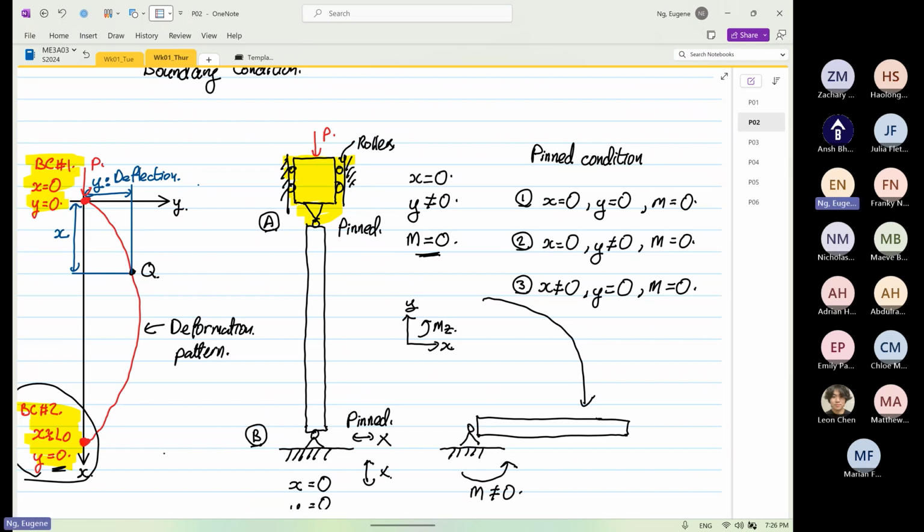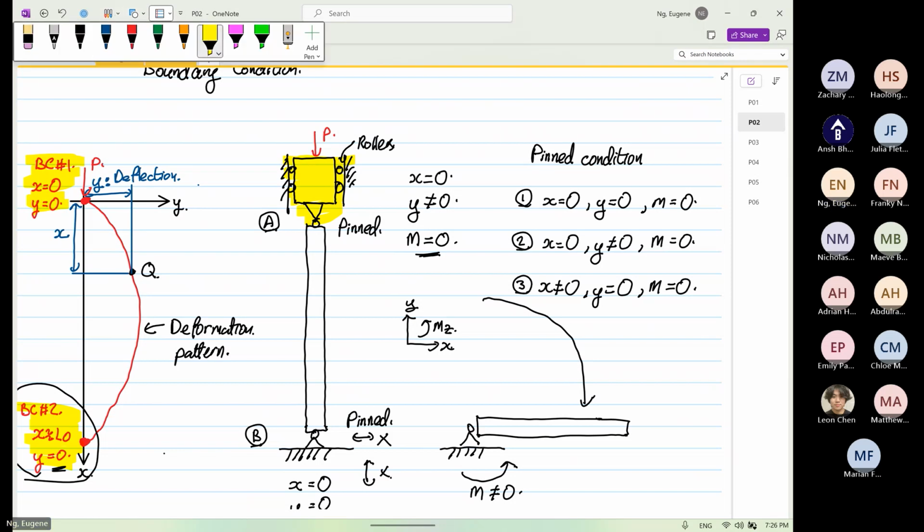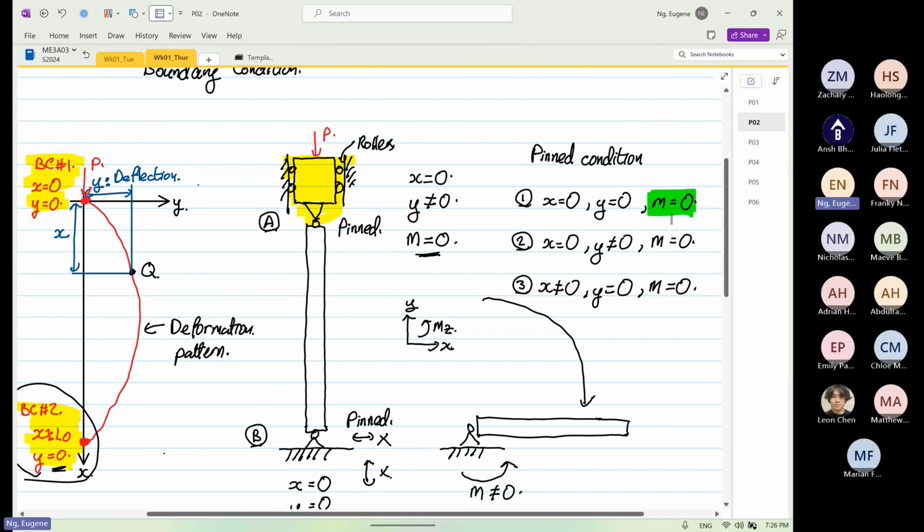What is common between condition 1, condition 2, and condition number 3? Anyone, you can talk to me or write on the chat. Well done. The common condition is moment is equal to what? 0.